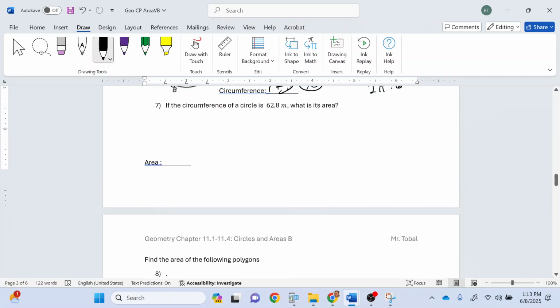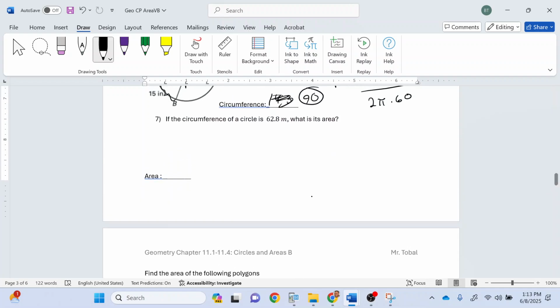All right, next one. If the circumference of the circle is this, what's the area? So if I know the circumference is 2 pi r, and I know it's 62.8 equals 2 times pi times r, I could divide both sides by 2 pi. So 62.8 divided by 2 divided by 3.14 equals 10, actually.